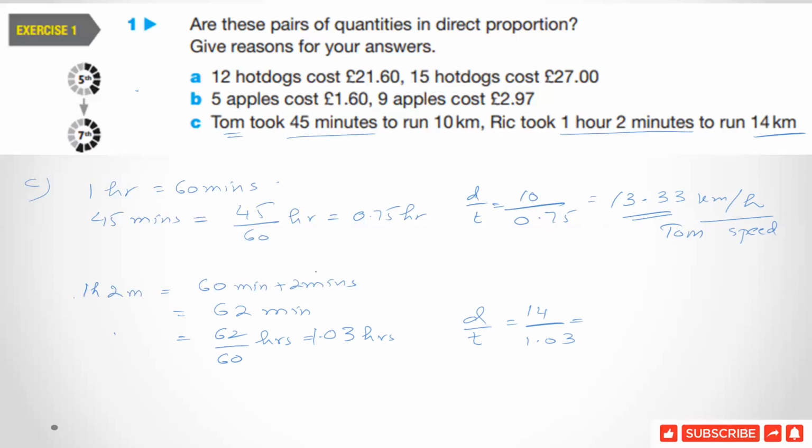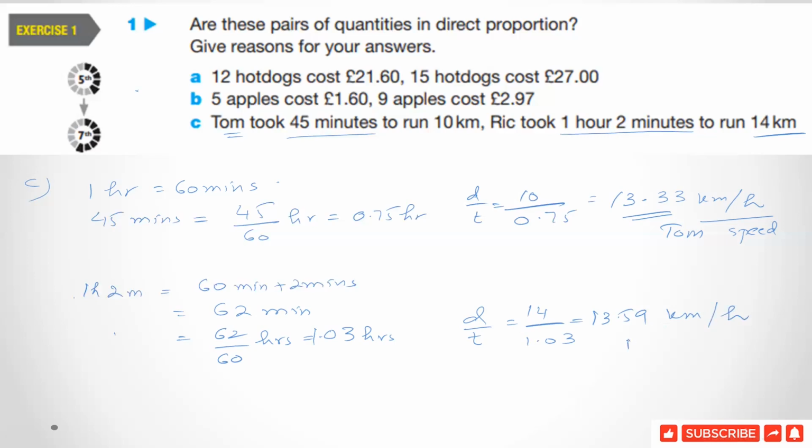Now we come to Rick. When we divided 14 by 1.03, how much do you get? I got 13.59. It depends upon the calculator. Some calculators may differ by a little fraction, but this becomes 13.59 kilometers per hour.